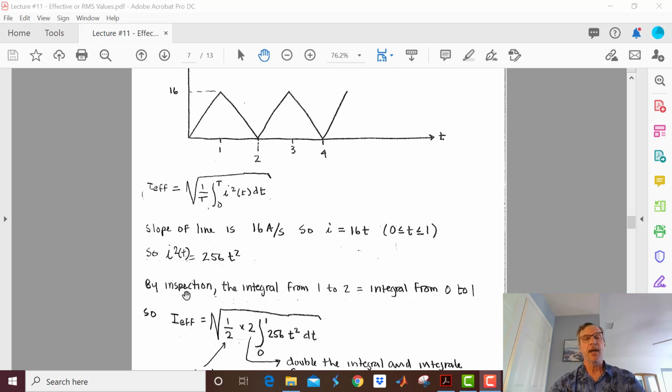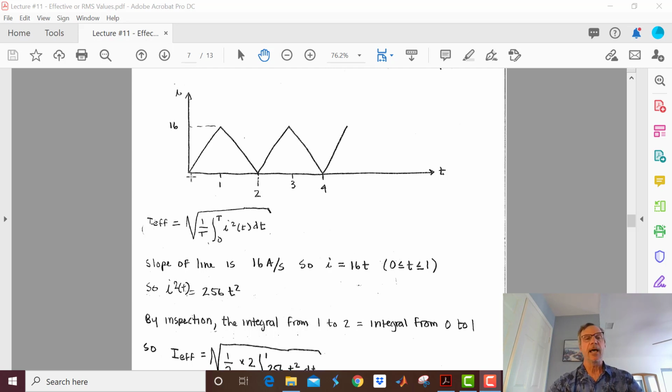By inspection, I can say that the integral from 1 to 2 is going to equal the integral from 0 to 1. I could do my integration all the way across here, and remember, I'm integrating the square of it, so it's going to go up and then down like that. But what I know is that from 1 to 2, that area is going to be exactly the same as from 0 to 1.